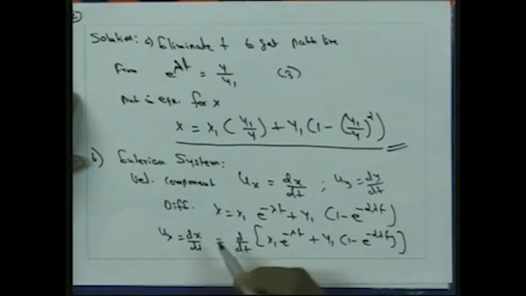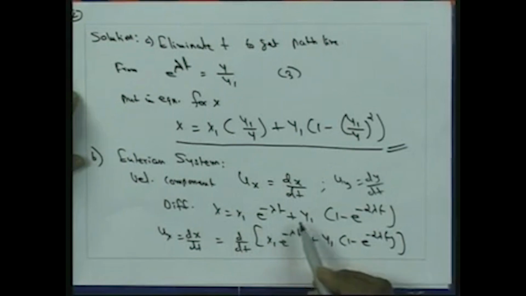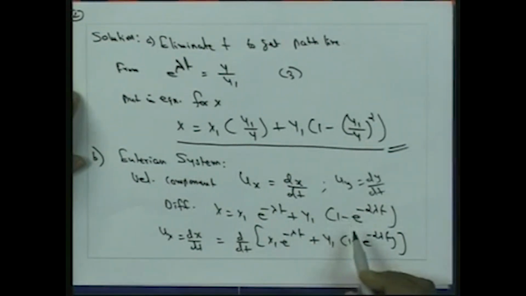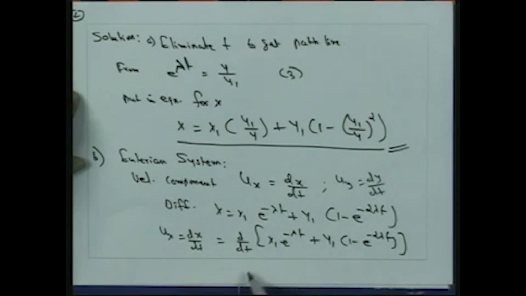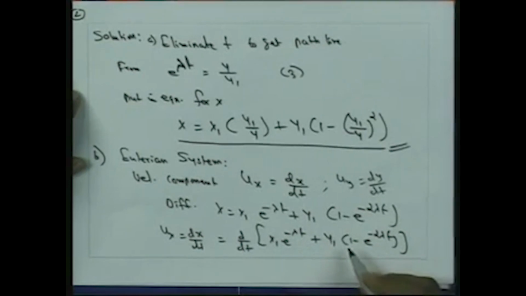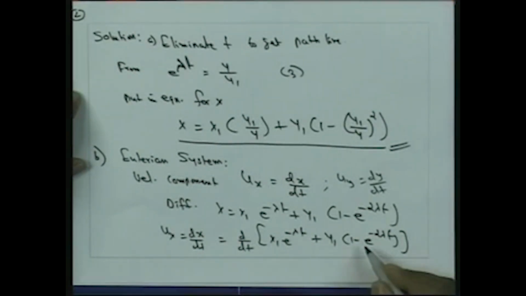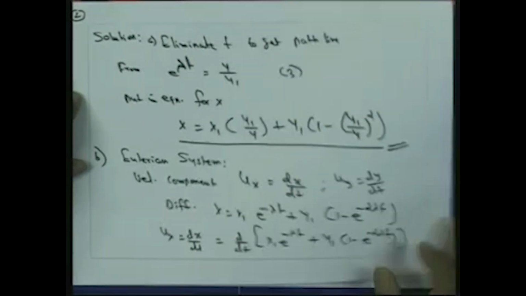So we will differentiate the equation x is equal to x1 into e to the power minus lambda t plus y1 into 1 minus e to the power 2 lambda t. ux is equal to dx by dt, that is d by dt of x1 into e to the power minus lambda t plus y1 into 1 minus e to the power 2 lambda t.